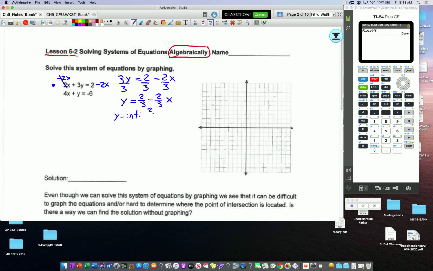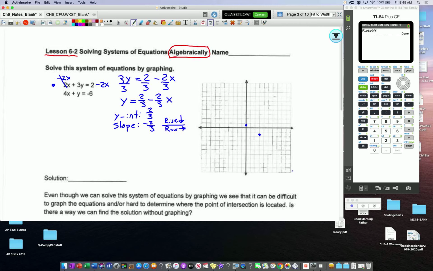So my y-intercept is at 2/3. My slope is negative 2/3. That means as I rise, I have to go down 2 as I run to the right 3. So I start at 2/3, so I have to estimate that value. So now I need to go down 1, 2, to the right 3.